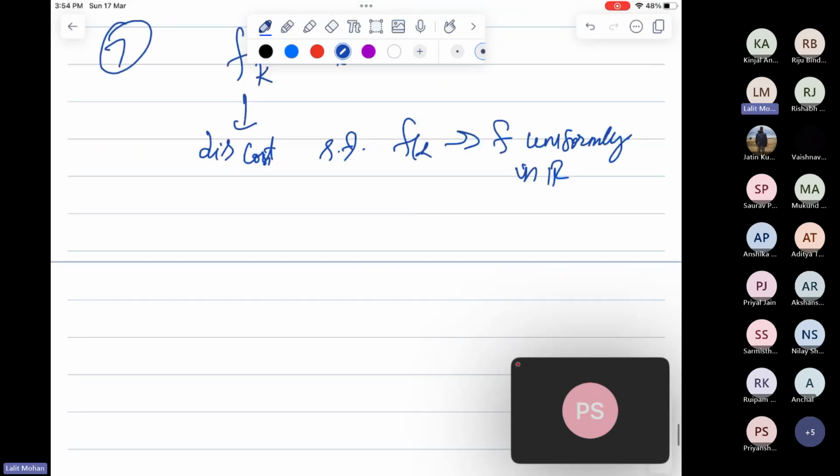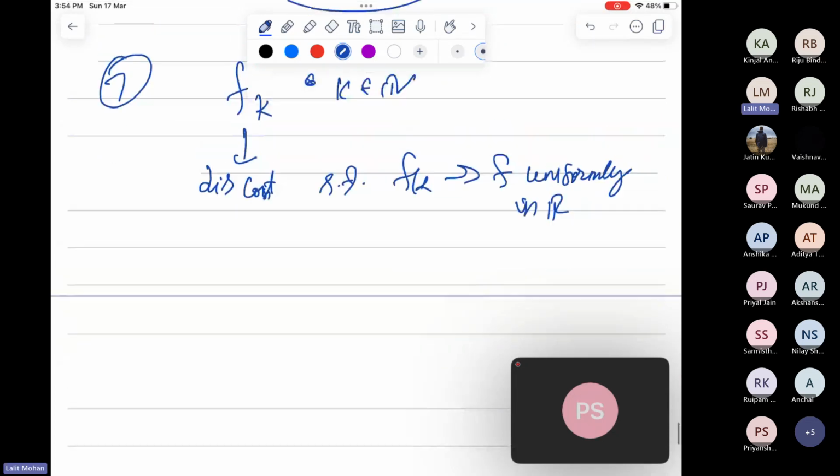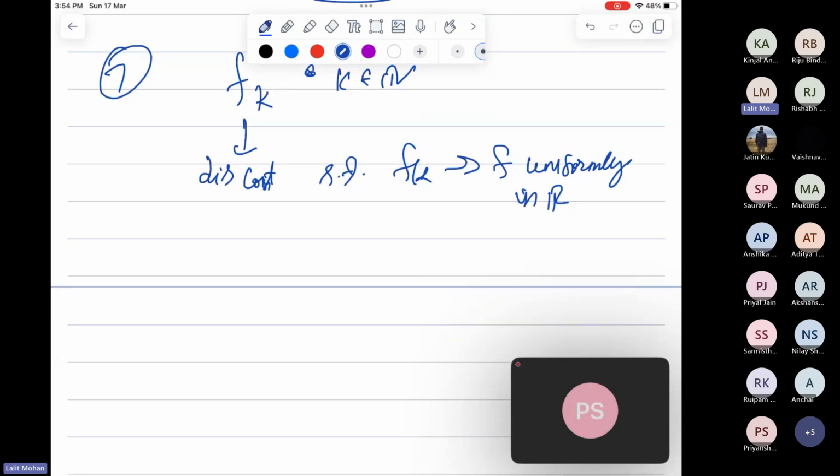It may be possible at 1 point, 2 points, we will see, but we have to show that f_k converges to f uniformly in R and this f is continuous.